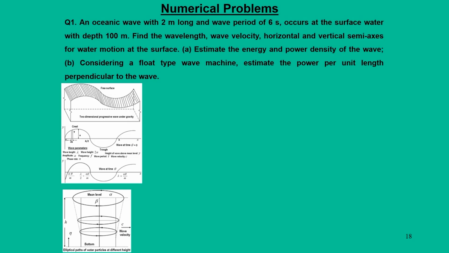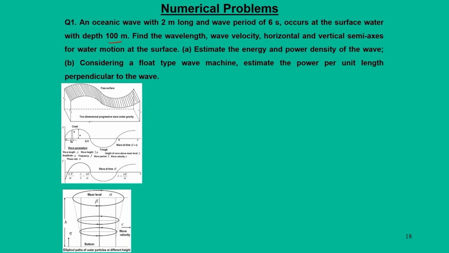Now we will look into some of the numerical problems covered in this lecture. The first problem is on an oceanic wave which is 2 meters high and has a wave period of 6 seconds, and it occurs at a water depth of 100 meters.